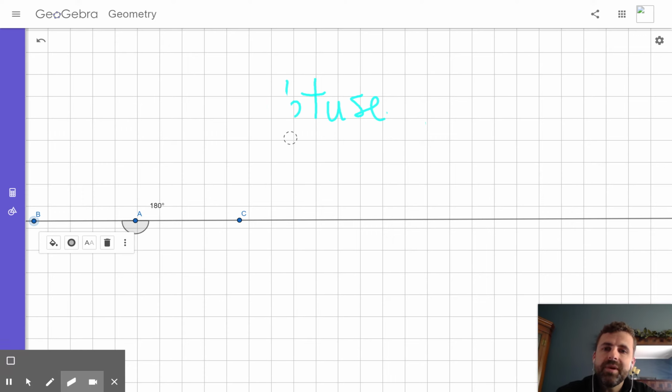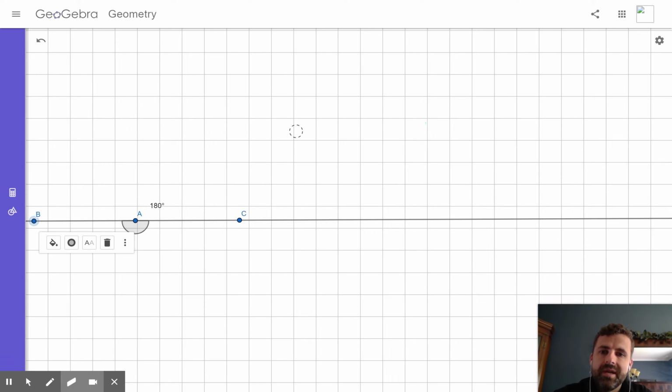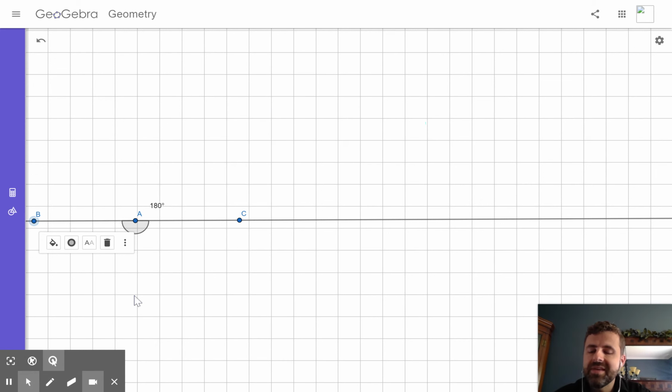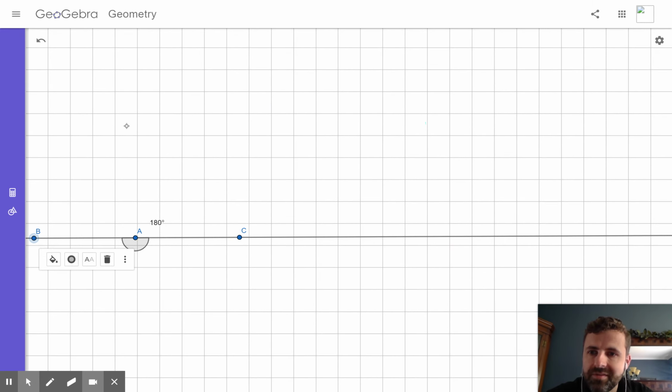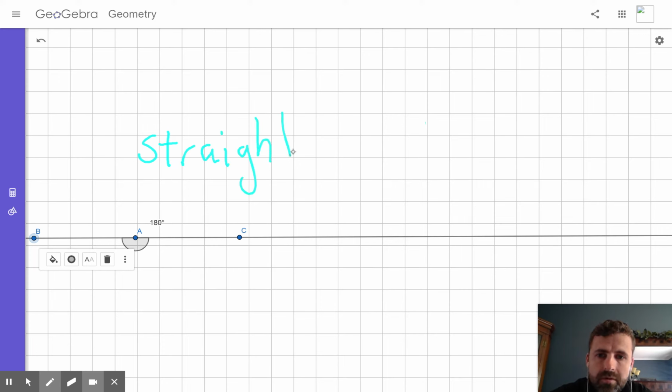We call this special angle a straight angle. Just like exactly 90 is called a right angle, exactly 180 degrees is called a straight angle. And so those are really the four main kinds of angles.